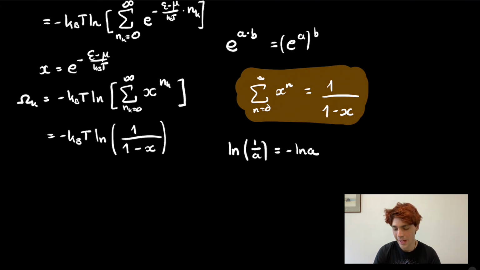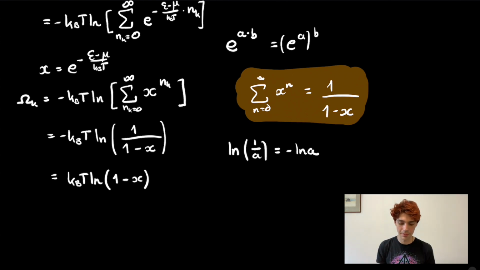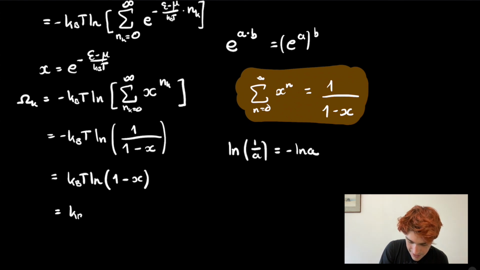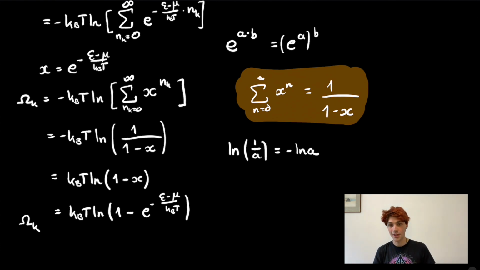Hopefully you all know that and are familiar with it. Then basically we're going to swap out the minus sign right here, and the term inside the log is just going to be 1 minus x. So that's a bit nicer, looks a little bit neater. And finally, we're just going to swap out the x for what x actually is, which is e to the minus epsilon minus mu over kBT. So that is our omega function.